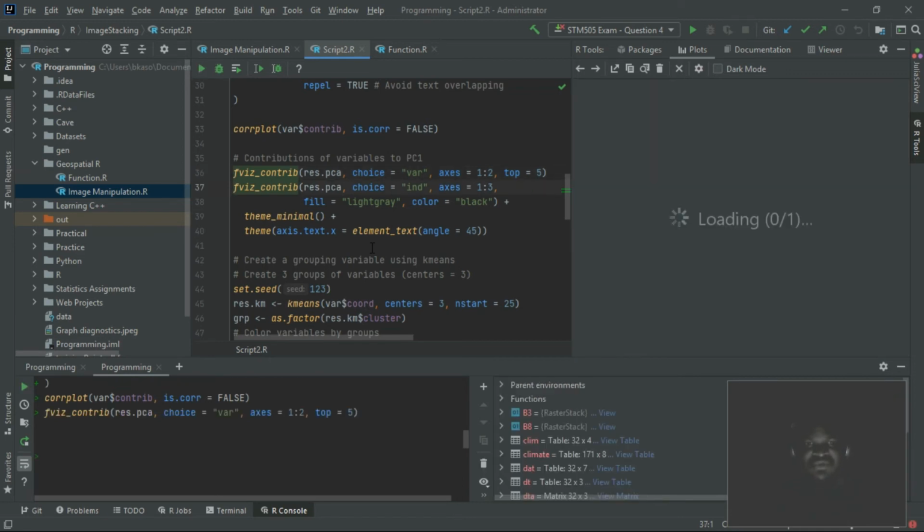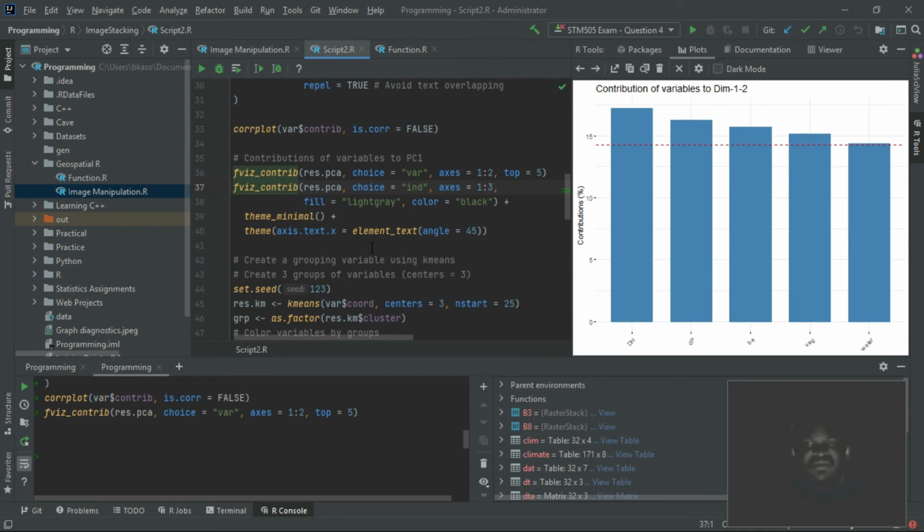This is the contribution plot, and this is one of the most important. It shows you which variables would contribute to your model if we combine the two dimensions. So we've got water balance, precipitation, base soil, vegetation, and water.